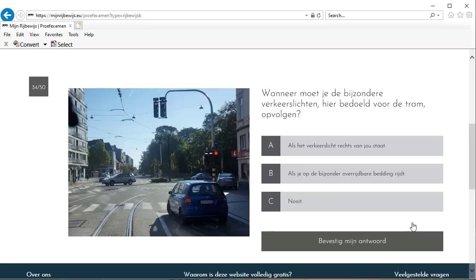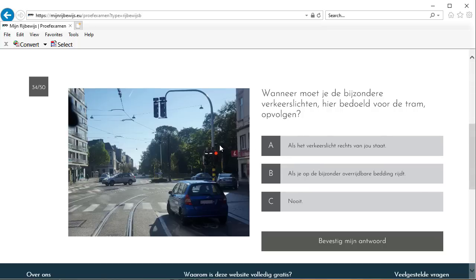When should you follow this special traffic light which is meant for the tram? When are you allowed to follow this traffic light which is meant for the tram? Option A is if the traffic light is towards your right, if it's on your right hand side, if it is standing, then you have to follow it.